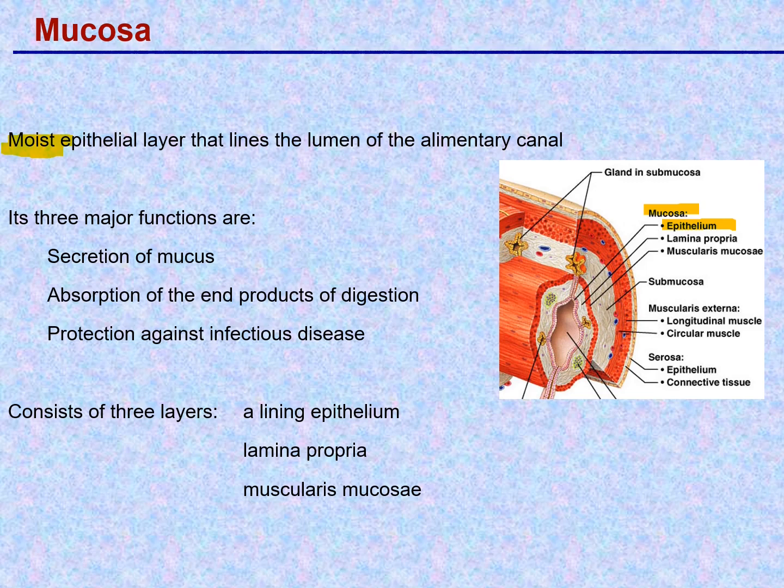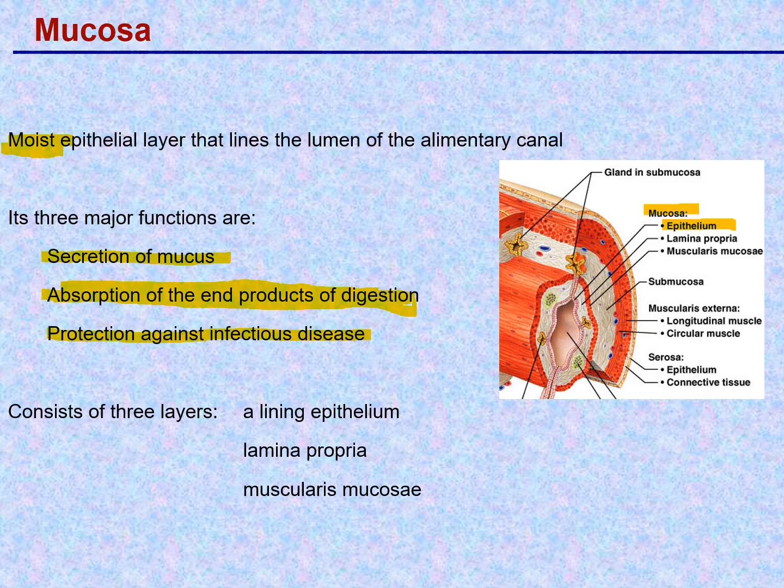The three main functions of the mucosa include secretion of mucus. It is also involved in absorption of the end products of digestion, which are those individual building blocks, the monomers that make up the polymers of food. And the mucosa also acts as a barrier protecting against entry of infectious disease microorganisms.